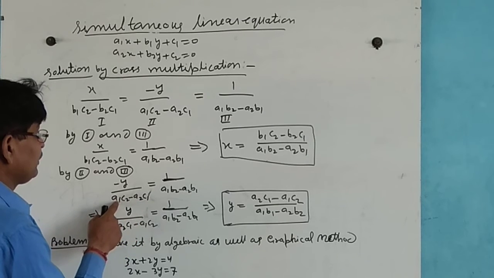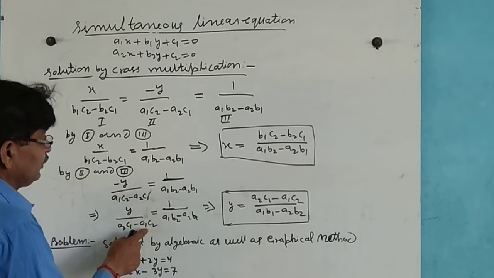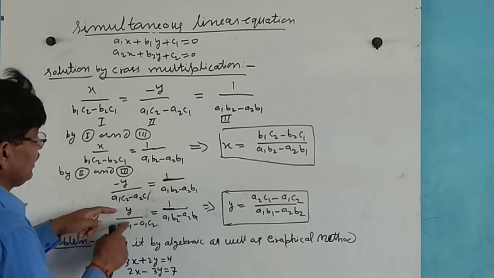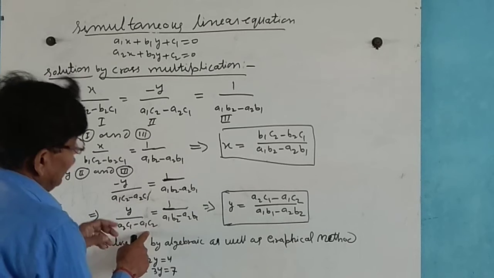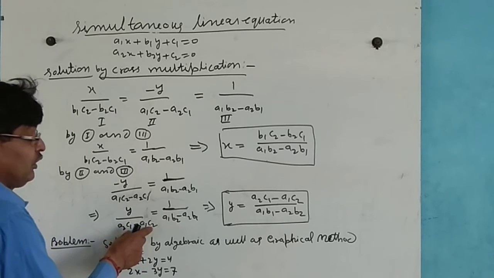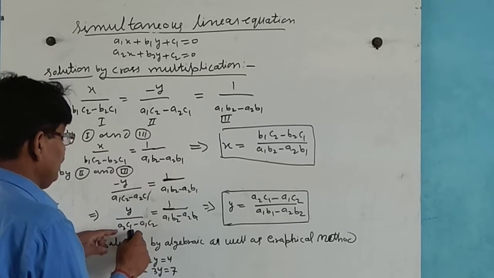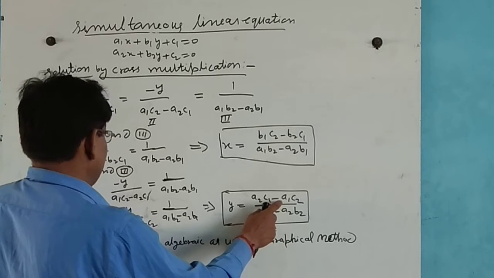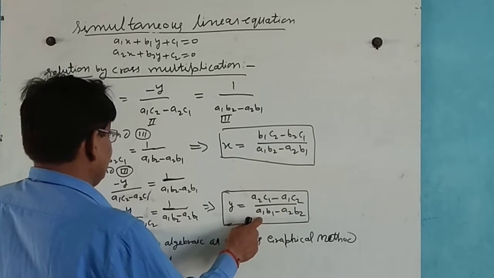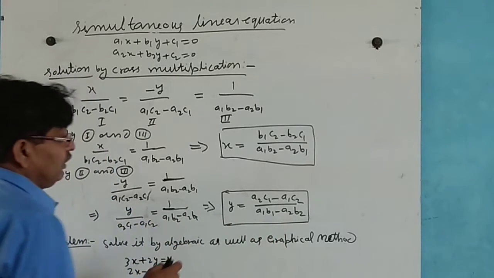These terms come in this position, so that y divided by a2 c1 minus a1 c2, and y equal to a2 c1 minus a1 c2 divided by a1 b2 minus a2 b1.